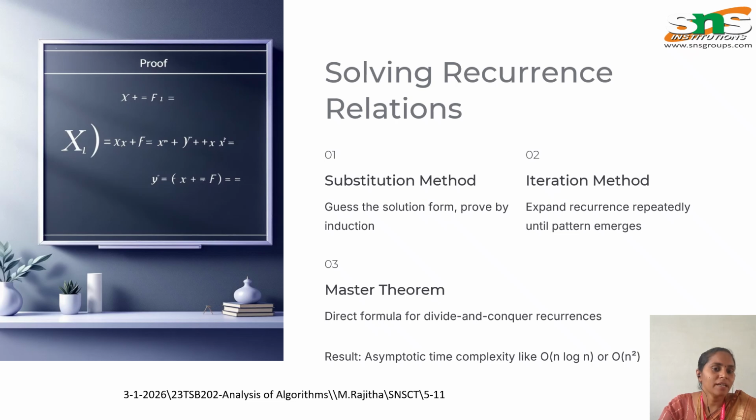Master theorem is a direct formula method used mainly for divide and conquer algorithms. Using these methods, we finally express the result in asymptotic notations such as O(n), O(n log n), and O(n squared). This tells us how efficient the algorithm is.